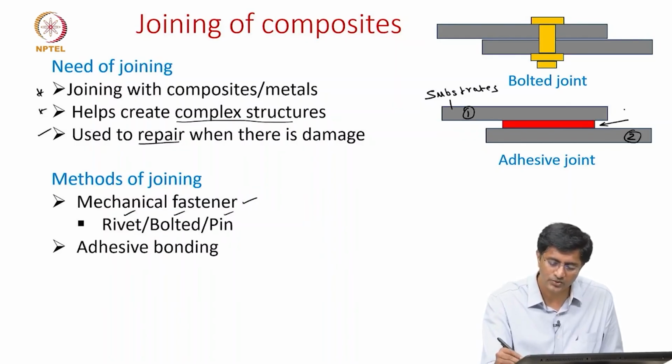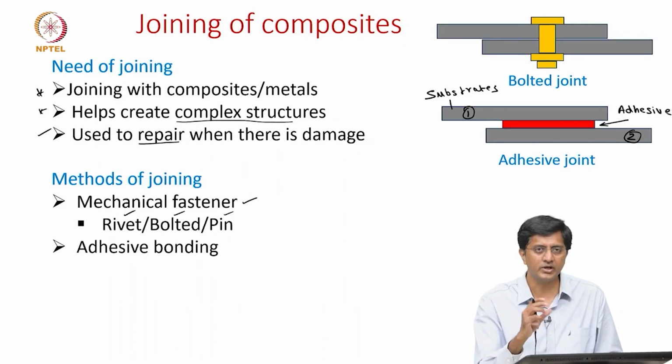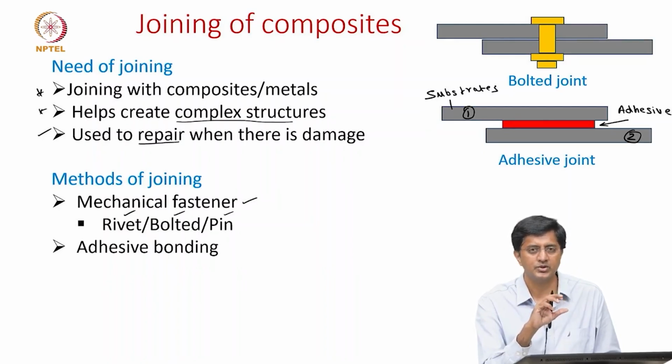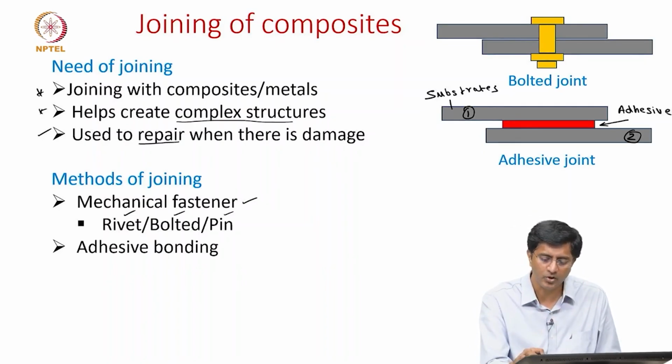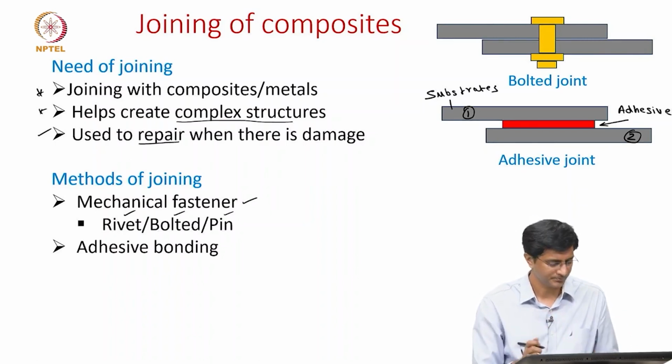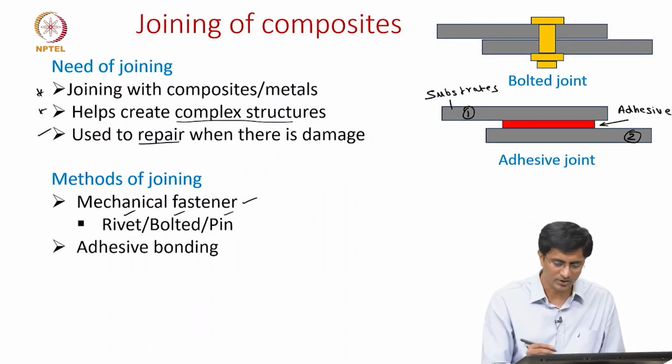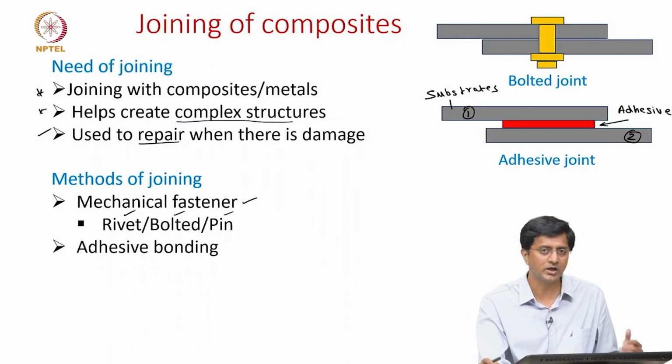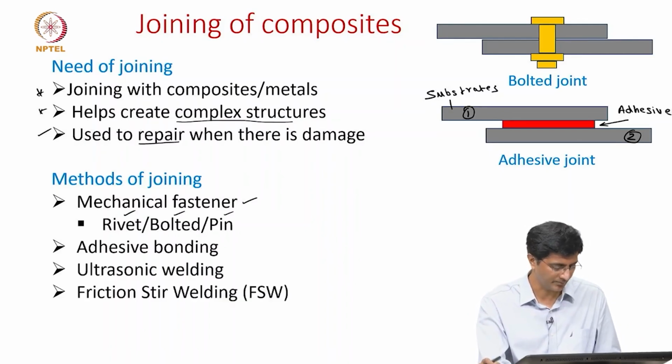To join these, we use a material called adhesive. Adhesive is most often a polymer based material, and the very commonly used structural adhesive is epoxy. This is a material which bonds both these substrates together and gives strength, so it resists either deformation or failure of this bond. We'll discuss more about it later, but let's also see what the other methods of joining are.